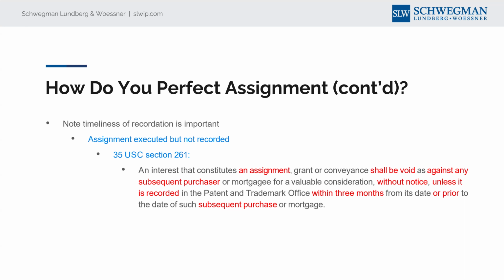So there's really no reason why you wouldn't record your assignment with the patent office the same day that you get them all executed.